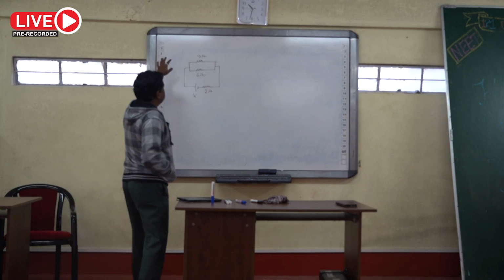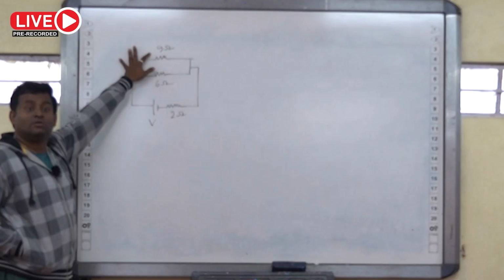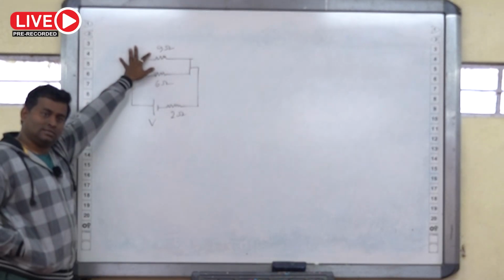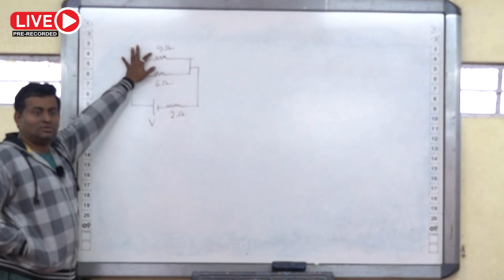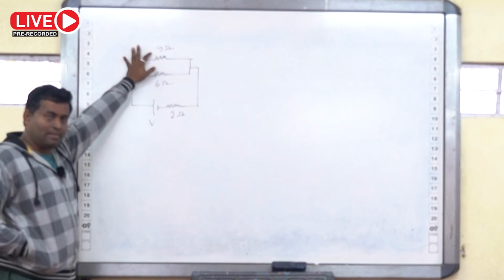First calculate the current through this 9 ohm by using the relation P equal to I square R. Calculate what is the current flowing through this: 2 ampere.